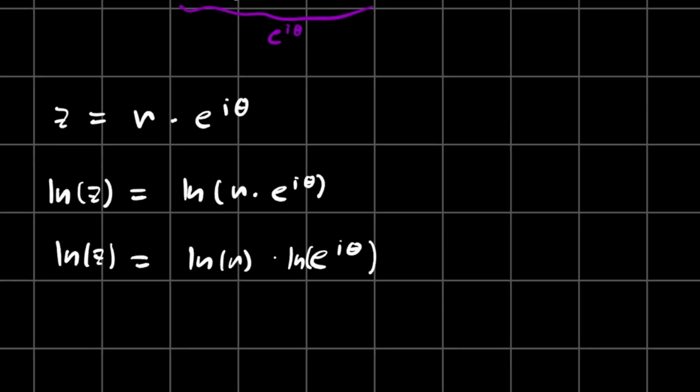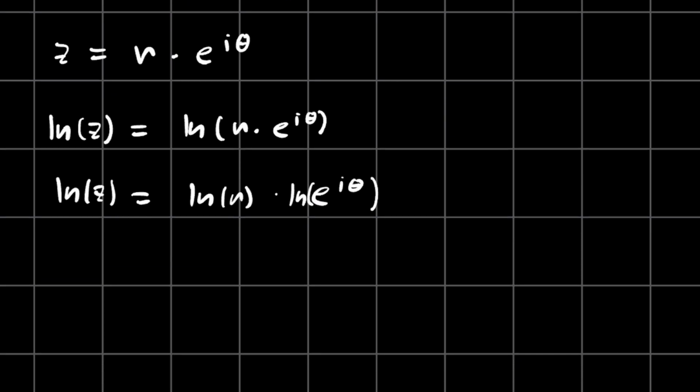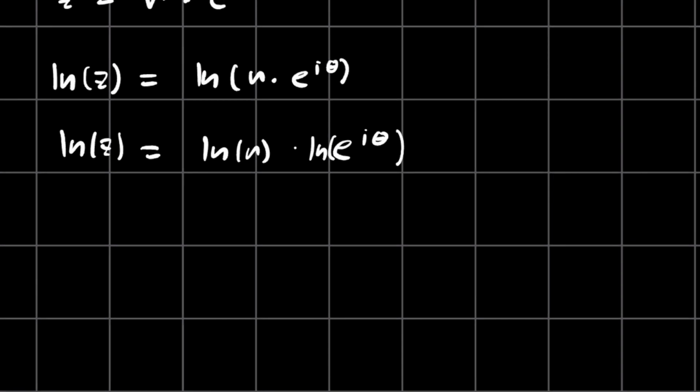That's basically what we want. Now, ln of e to the i theta is going to be basically just i theta. So we're going to simply have ln of z equals ln of r plus i theta, because the e and the ln cancel each other.